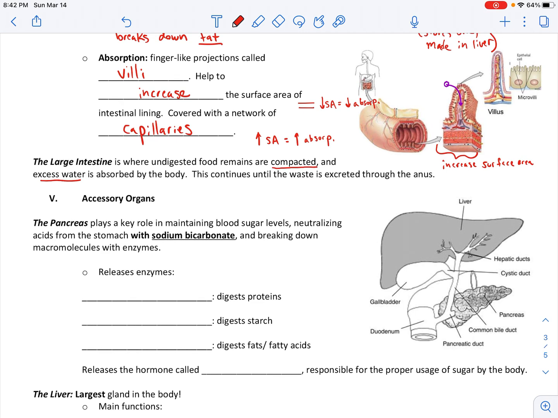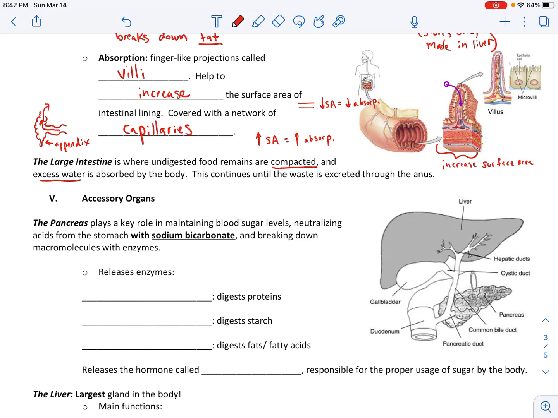One thing to note is that where the small intestine meets the large intestine, you have a tiny little sac called the appendix. Your food should go into the large intestine, and it typically goes the right way.